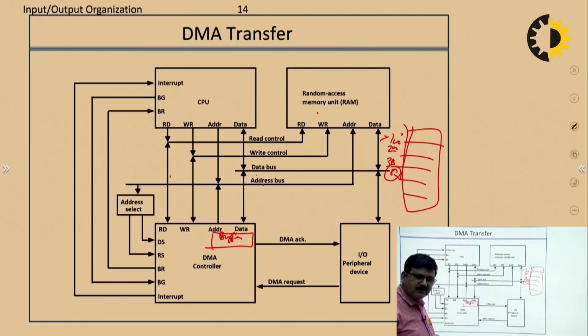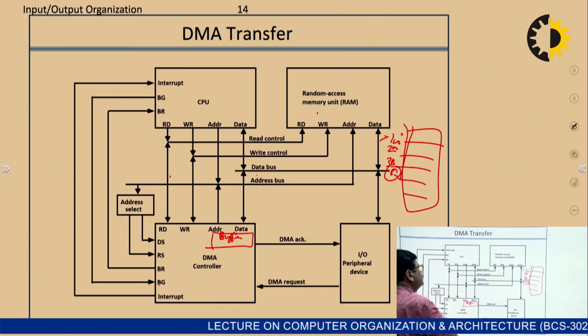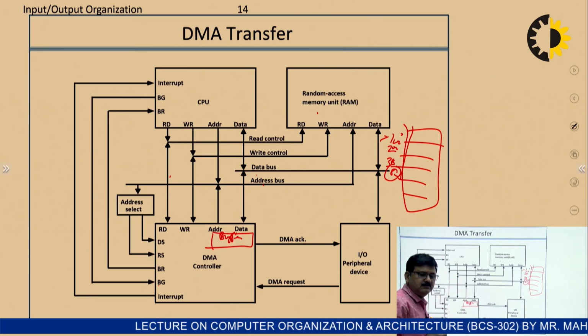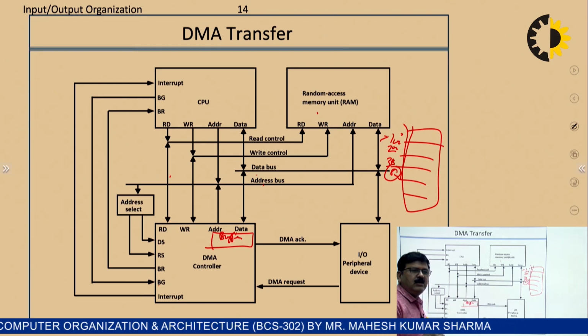After sending or receiving, reading or writing from or into the memory, if the transfer of the data is finished, then DMA sends the interrupt to the CPU, saying that I have finished my work.